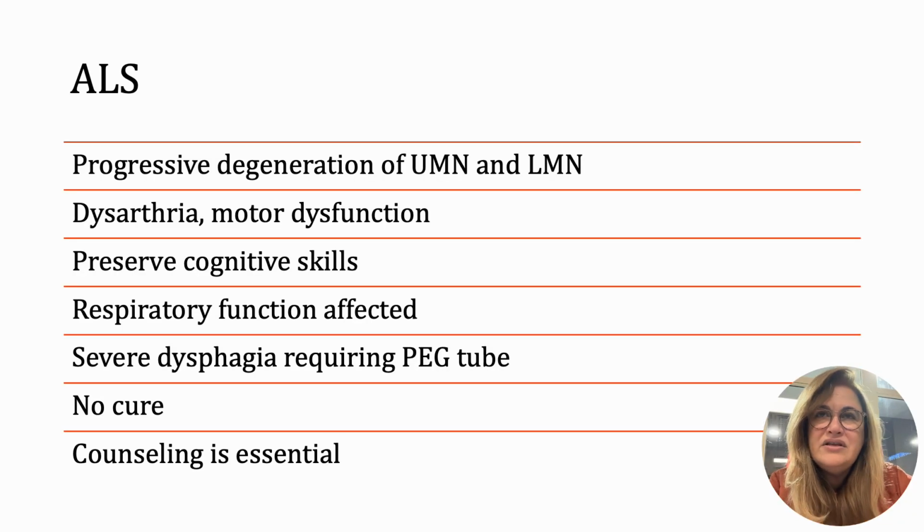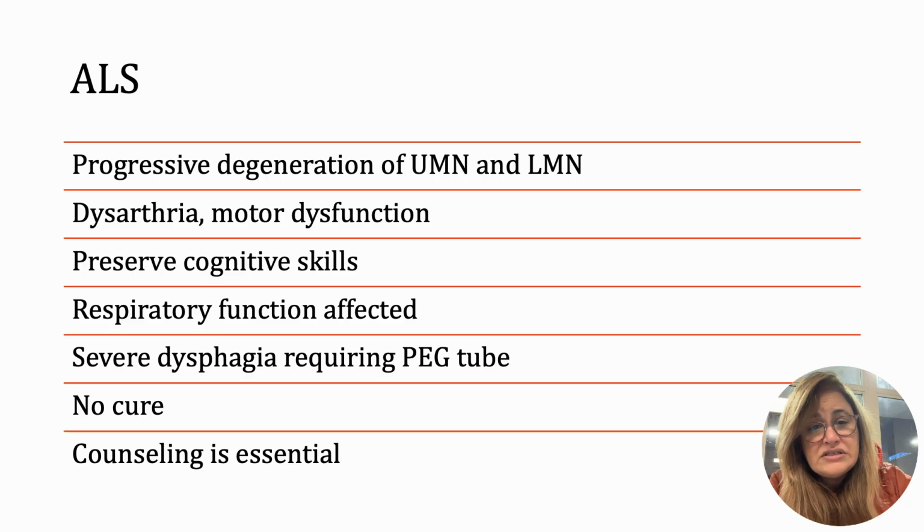ALS, as you know, depending on their type of ALS, if it's more like bulbar or what diagnosis they have, it's a progressive degeneration of the upper motor neurons and lower motor neurons. It may result in dysarthria, motor dysfunctions. They are preserved in terms of cognitive skills, so they are very aware of everything that is changing.